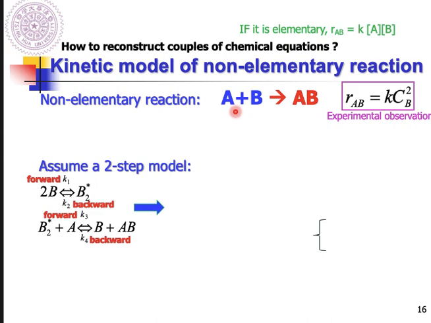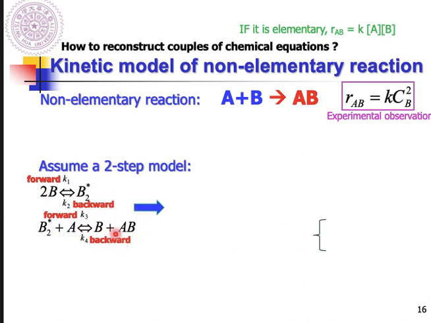So A is not directly reacting with B to generate AB. In this case, B is quite important, so I will guess that B reacts with B and generates an intermediate, and this intermediate will react with A and generate your product.